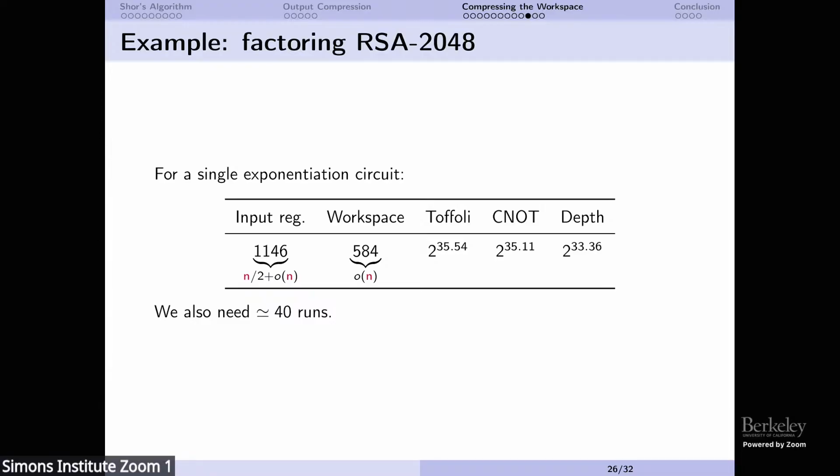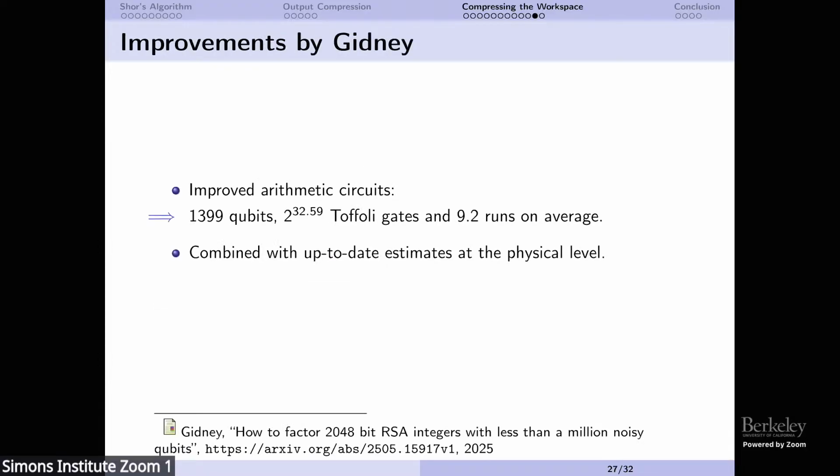Since then, of course, Craig Gidney did much better work. So he improved both the arithmetic circuits and also came up with all the designs for physical estimates of this. So I will just talk briefly about the arithmetic parts, because they are very nice ideas as well.